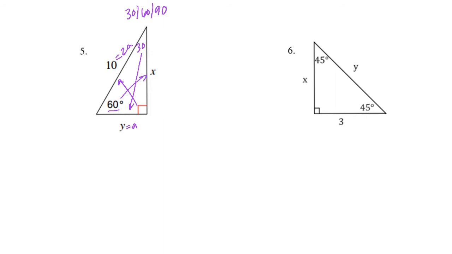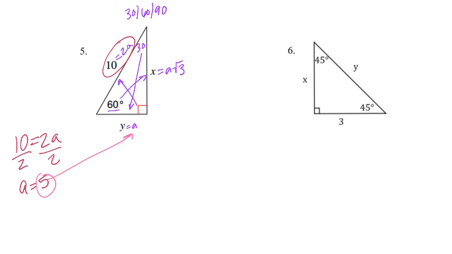And across from the 60 is going to be A root 3. All right, so you want to look and see which one is the one we have? Well, we have this one over here, 10 equals 2A. So you want to solve that, divide by 2 on both sides. So A is 5. Now we need to take that 5 and plug it in everywhere we see an A. So Y is going to equal 5, and X is going to equal 5 root 3.